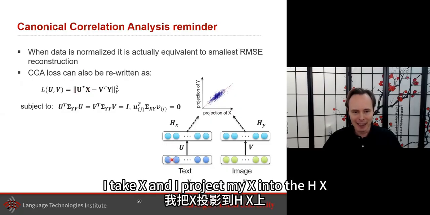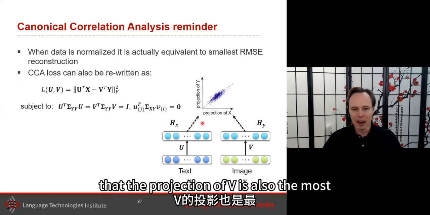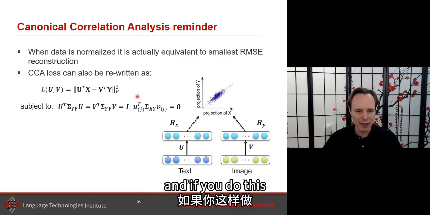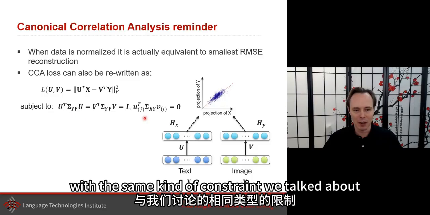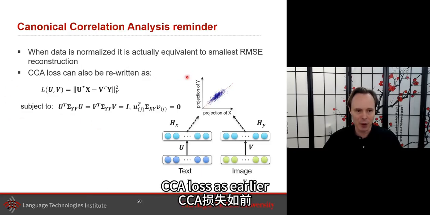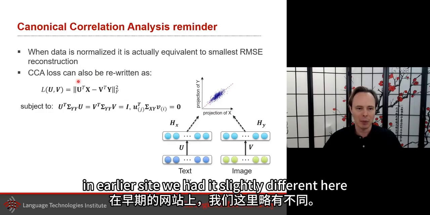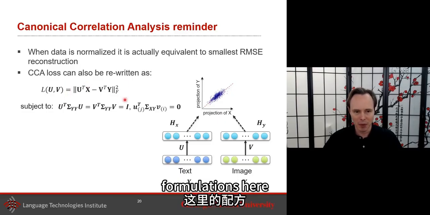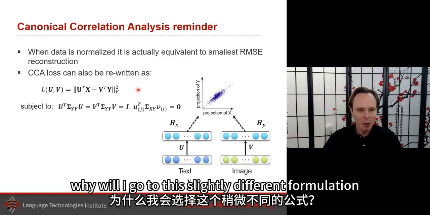I take X and project it into HX in such a way that the projection of Y is also as close as possible. With the same kind of constraint we talked about earlier, we have the same CCA loss as earlier. It's just slightly different from the earlier slide, but these are equivalent formulations.